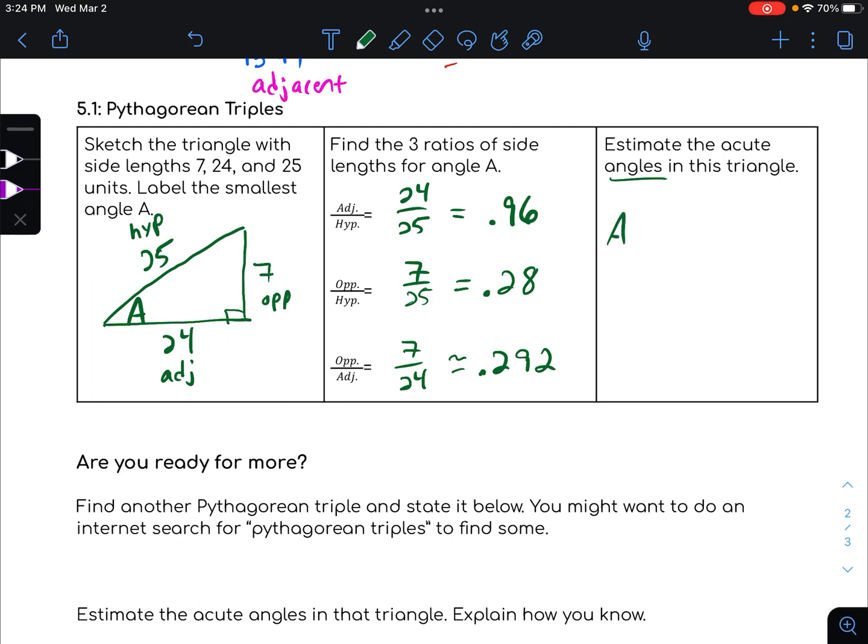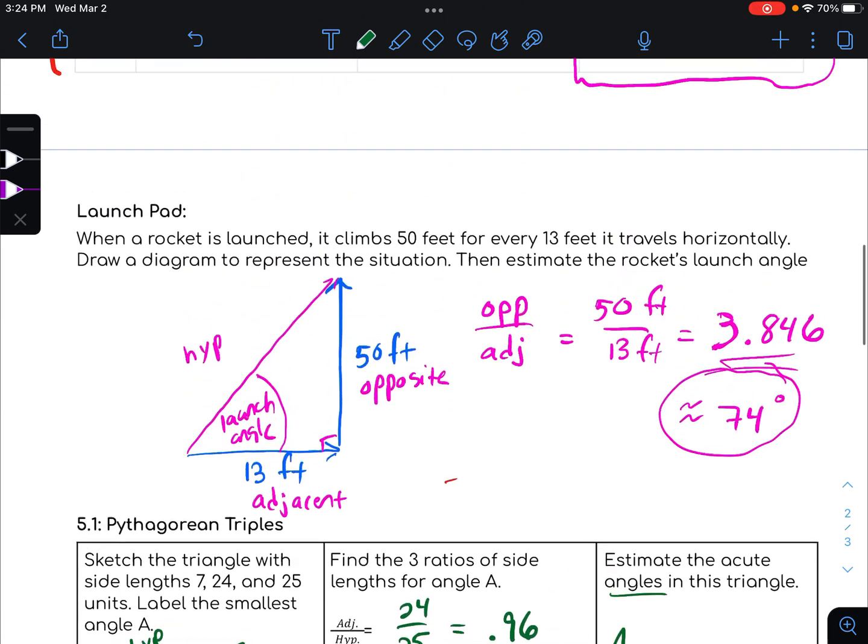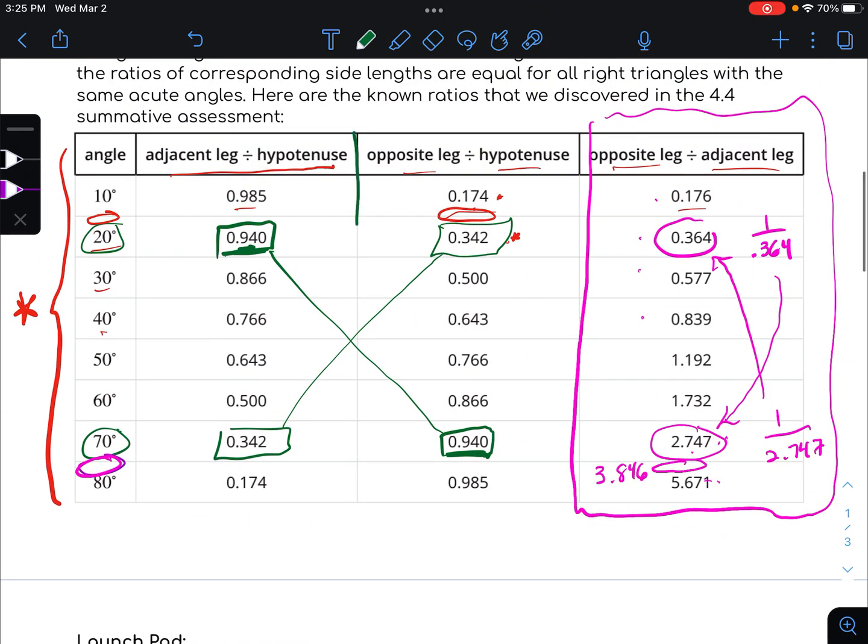So once again, let's estimate what the angles are, actually it's asking for both angles. So let's start with angle A. And we could pick any of these ratios if we want to. So for instance, maybe this time we look at opposite divided by hypotenuse, which is 0.28. So let's go back up here. Opposite divided by hypotenuse would be this column right here, and we're saying it's 0.28. So 0.28 actually would be right in here, right?